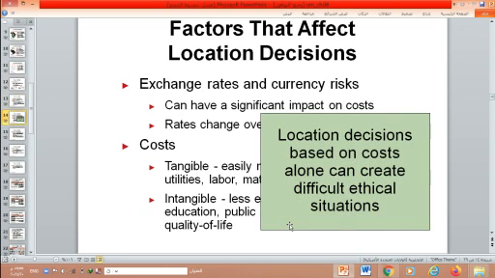Okay. Location decisions based on cost alone can create difficult ethical situations. Many ethical dilemmas arise because different stakeholders, whether customers or employees, have different views than the firm itself.